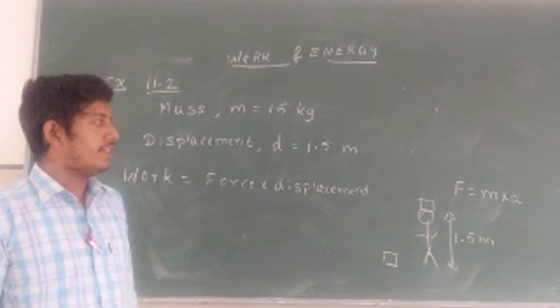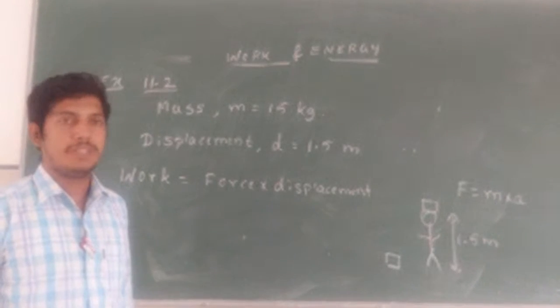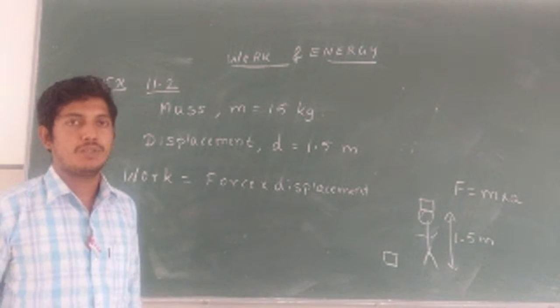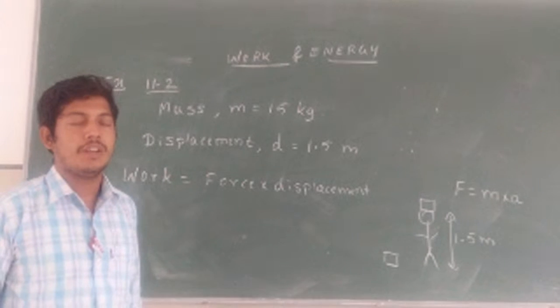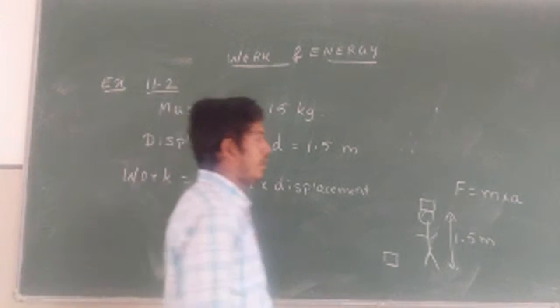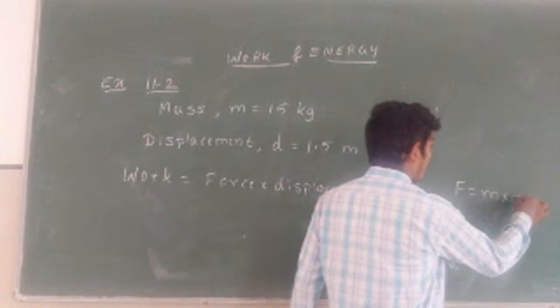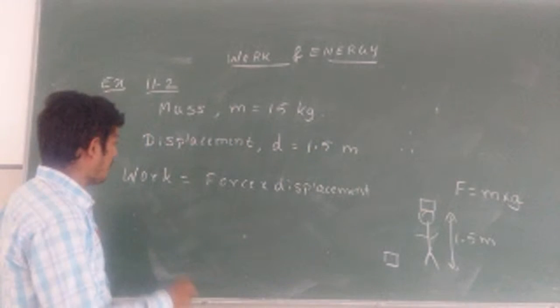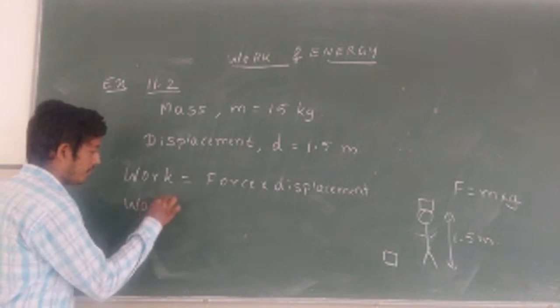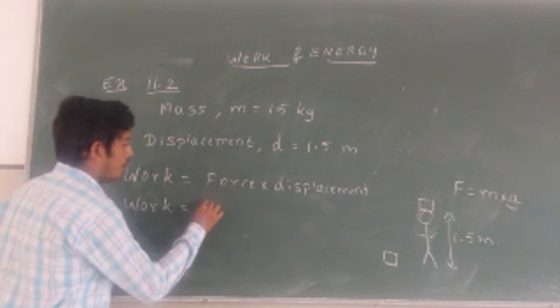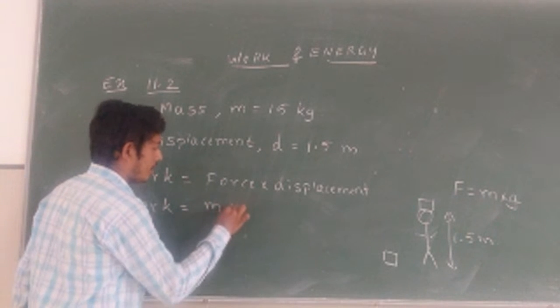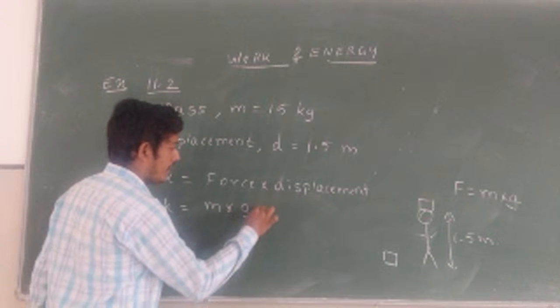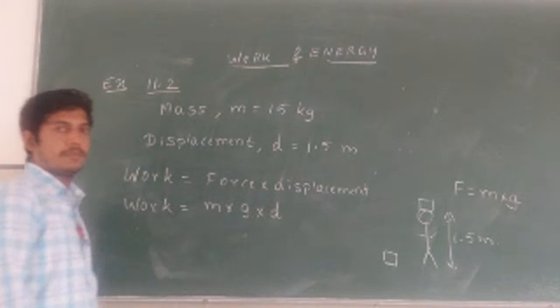In this case, the object is lifted, therefore instead of acceleration we have to consider gravity. So F equals m into g. Therefore work equals force, that is mass, into gravity into distance.